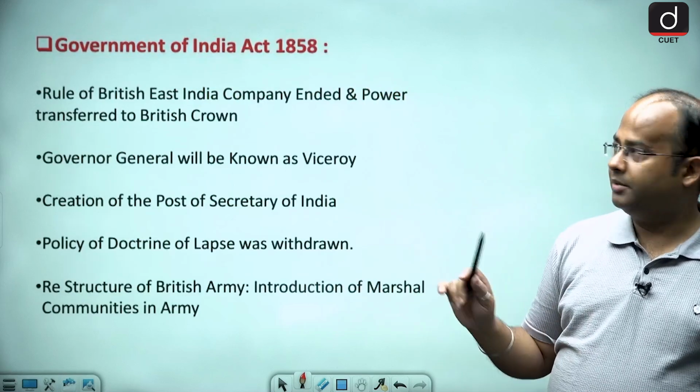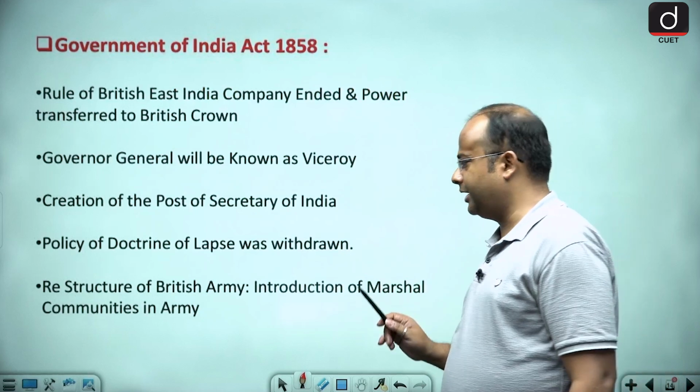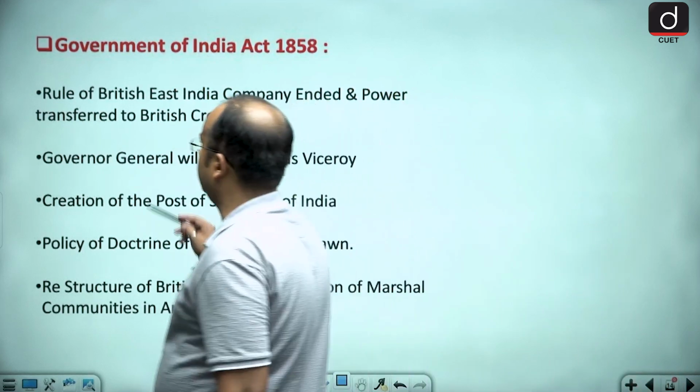Now guys, let's come to the Government of India Act, which is also known as the Act of Good Governance.